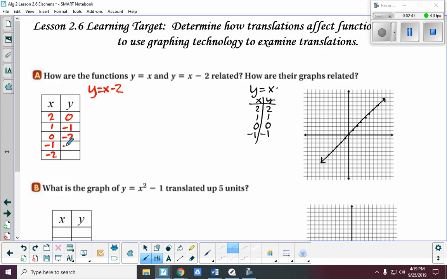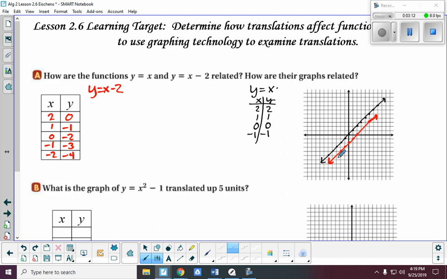Minus 1 minus 2 is minus 3. Minus 2 minus 2 is minus 4. So we graph that. We have 2, 0. Over 1, down 1, 0, negative 2, negative 1, negative 3, negative 2, negative 4, and so this is the transformation, or we would call it a translation to be more specific.